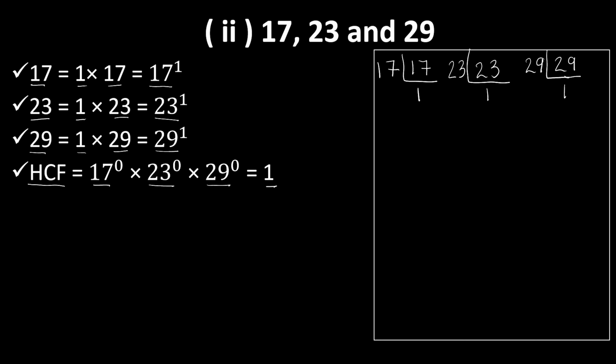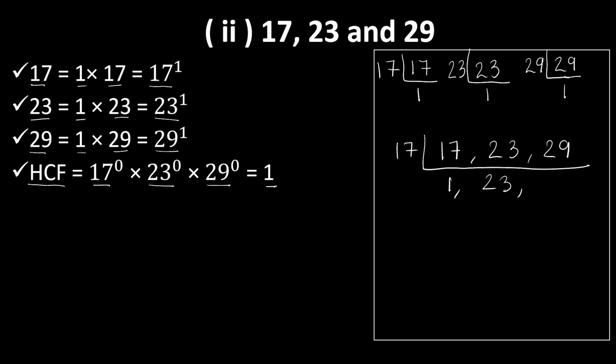Now for lowest common multiple, let's use the prime factorization method. We'll write 17, 23 and 29 and try dividing first with 17. Here we get 1, here 23, here 29. Now if we divide with 23, we get 1 here and 29 over here.